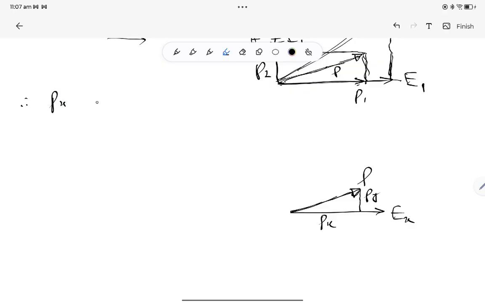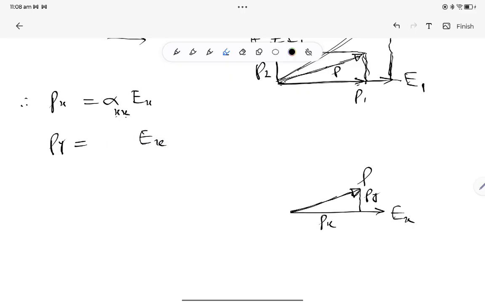Px is equal to Ex times a constant of proportionality, of course, we have to supply alpha. I will write alpha xx. What it means, alpha xx: the first x gives the direction of polarization. The second x gives the direction of electric field. Now Py, polarization in the y direction, that is also created by Ex.